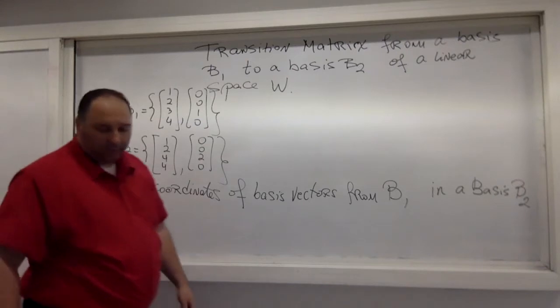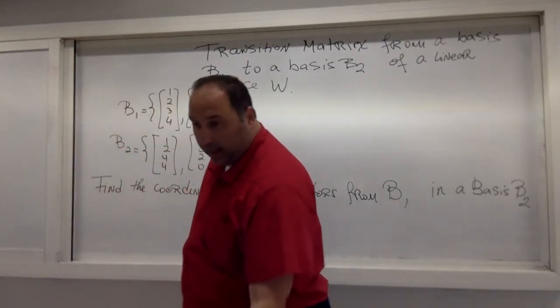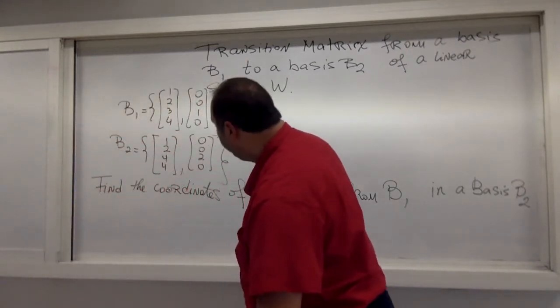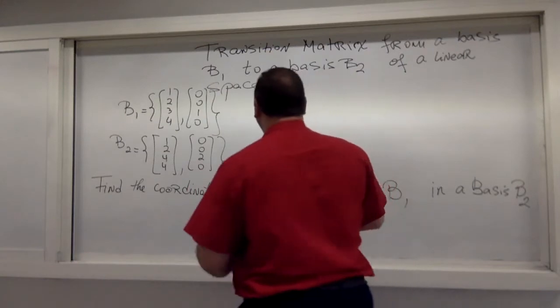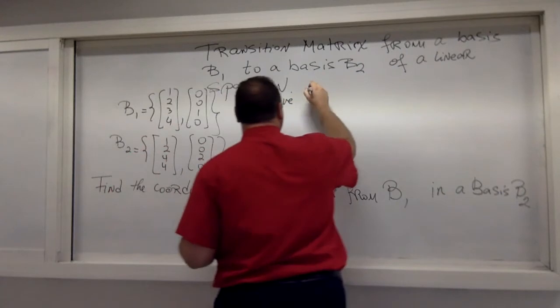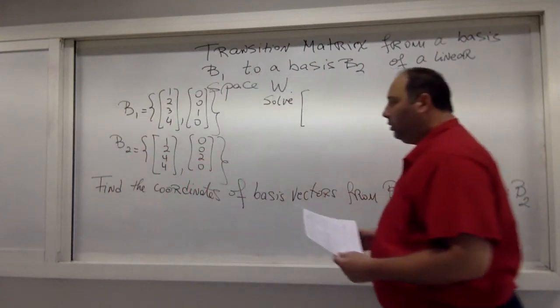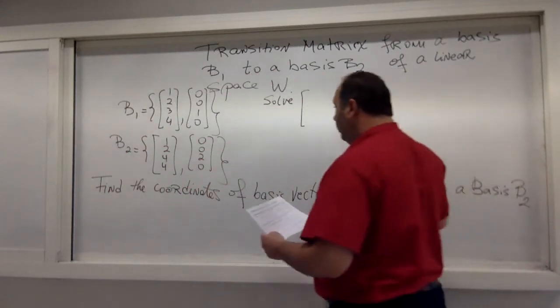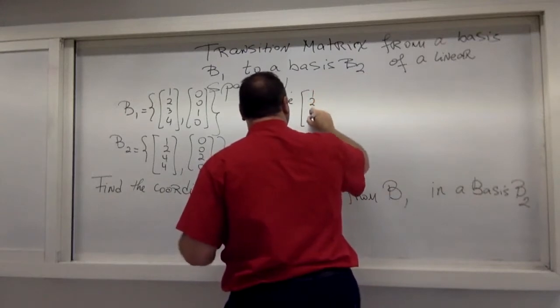So how do I do that? Well, that's not complicated. Again, I need to solve a linear system. So do that. Solve. Now I'm going to be a little bit smarter than the previous time.